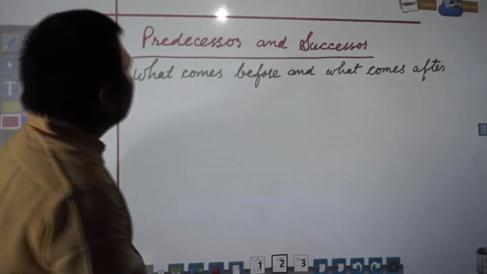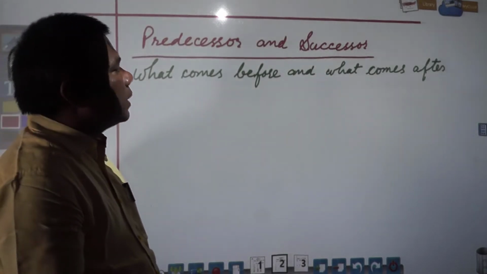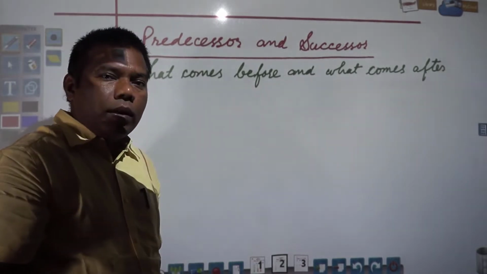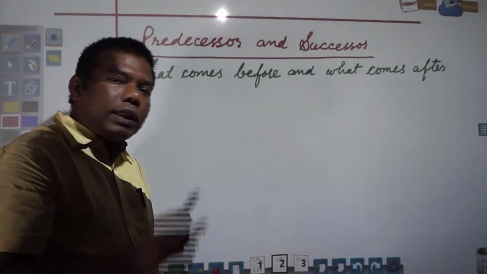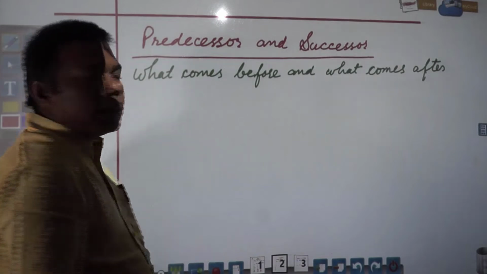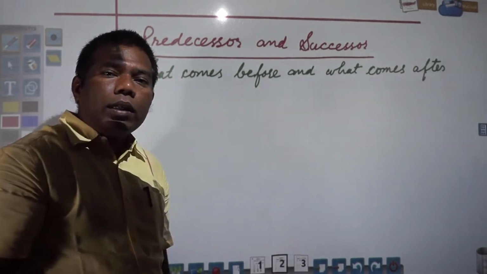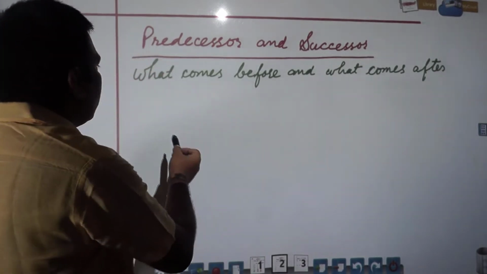Next you see predecessor and successor. So what is a predecessor? What comes just before the number is called the predecessor, and what comes just after the number is called the successor. Any example you see?